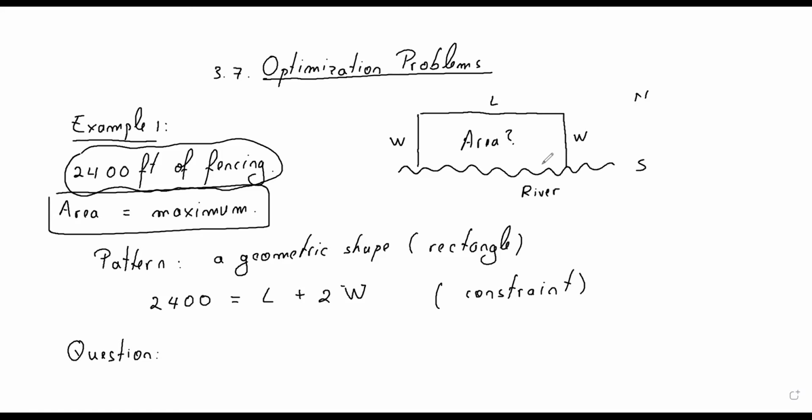So when you build a house, you more or less know the amount of wall you could afford based on the cost, and you would want to maximize the area, the square footage of the house, right?